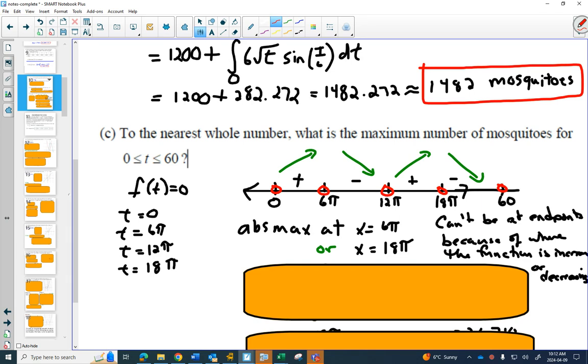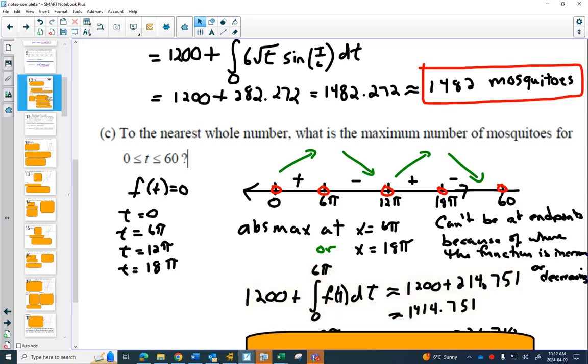But logically, does it make sense you only have to check 6 pi and 18 pi? Those would be the only places logically that it would be an absolute maximum, because 12 pi is obvious from the arrow diagrams that it's a local minimum. But a little explanation of that is important.